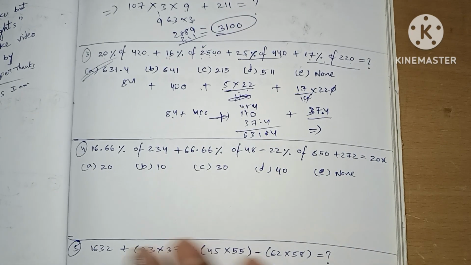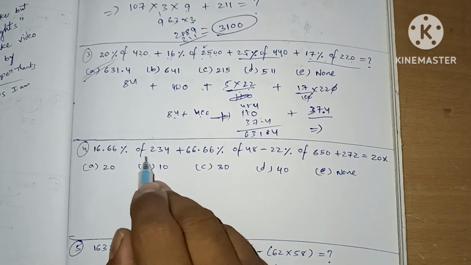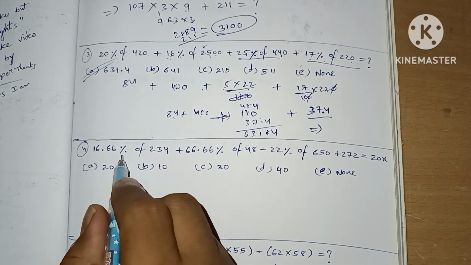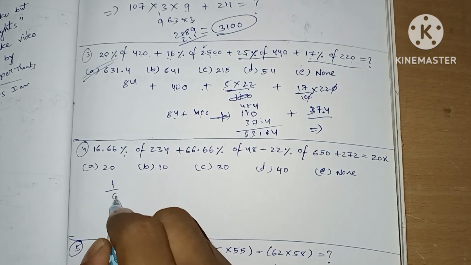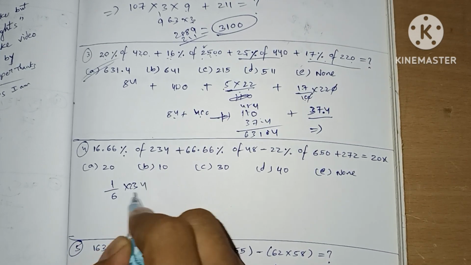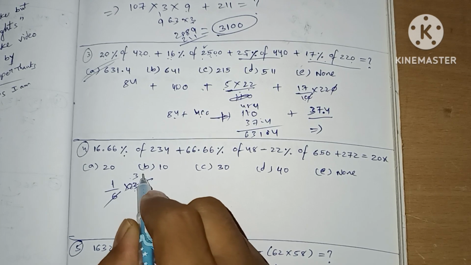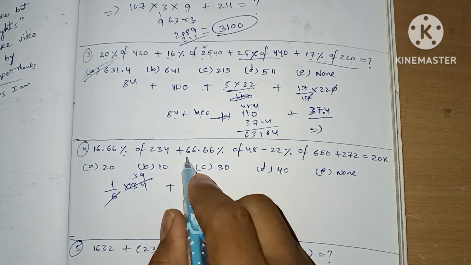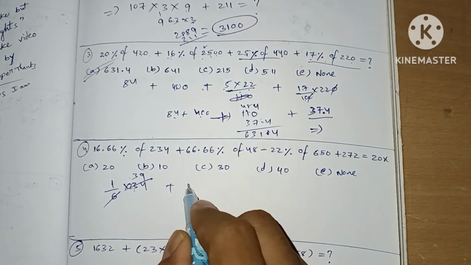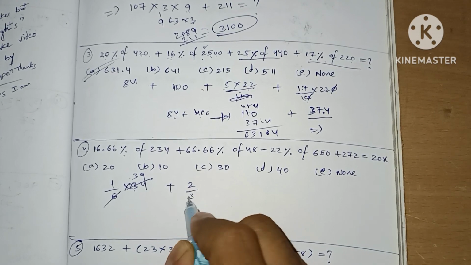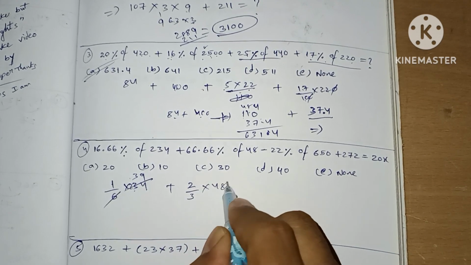Next, fourth question. 16.66% of 234. 16.66% is nothing but 1 by 6 into 234. 6, 3 times 18, 54 means 9 times, plus 66.66 is nothing but 2/3 of 48.